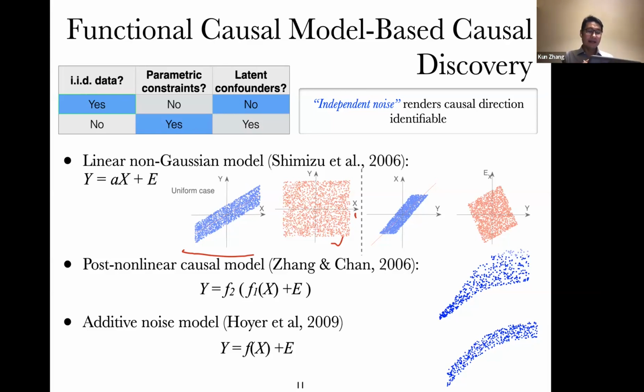On the right, you can see if you try to explain the cause X in terms of Y, the effect, now the residual is uncorrelated with the predictor, but clearly they are dependent. So this is a general phenomenon. If you have a wrong causal direction, or if they have latent confounders, then you can show that the residual must be dependent on the predictor, or the hypothetical cause.